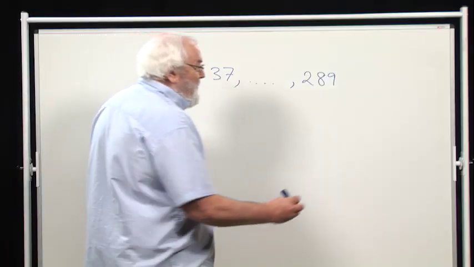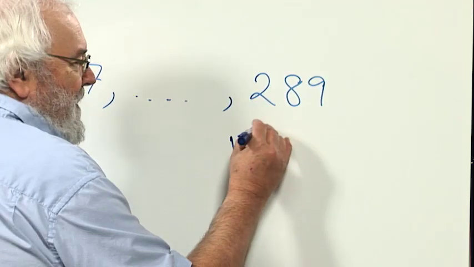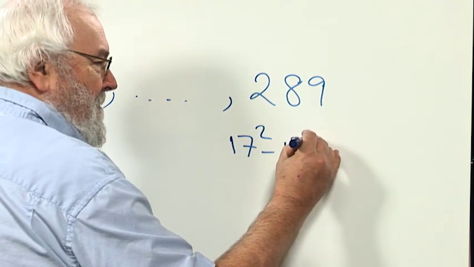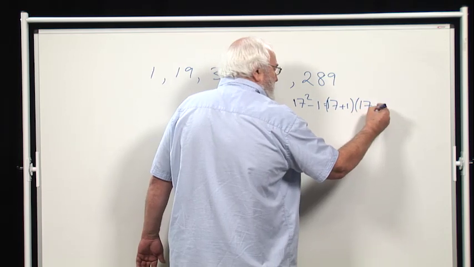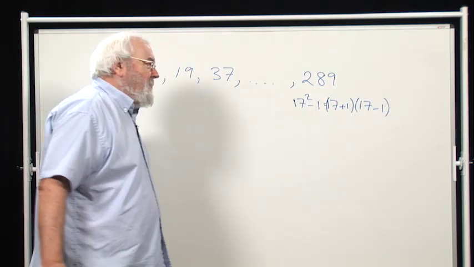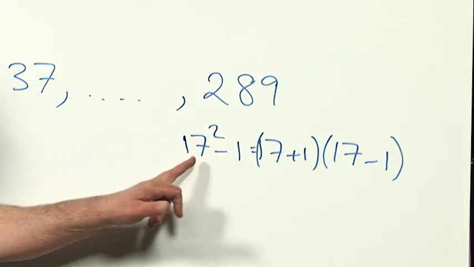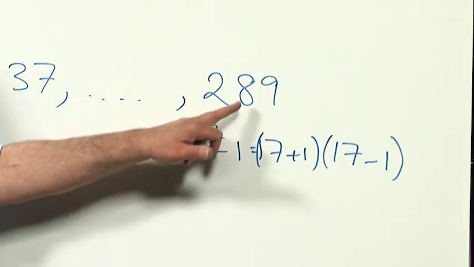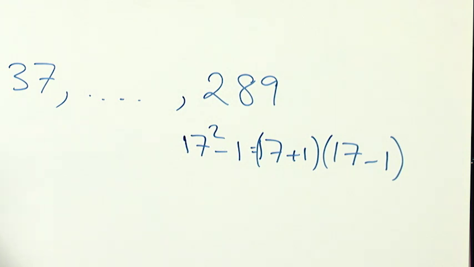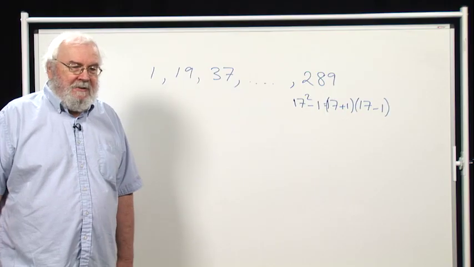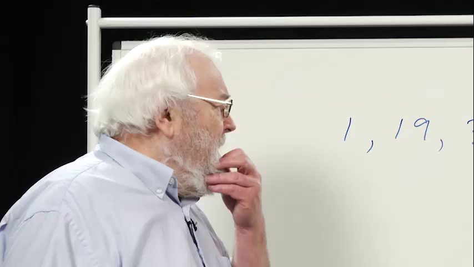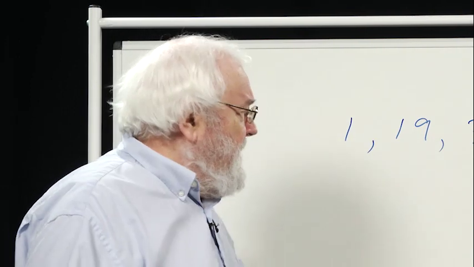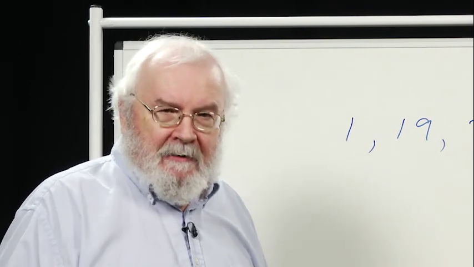But it's also one more than a multiple of 18 because of that difference of two squares argument. 18 divides 17 squared minus 1, so 17 squared leaves remainder 1 on division by 18. That's just an aside. Right, so supposing we've written these numbers down. I don't know yet that there's a way of writing them down in a legal way, but let's worry about that later.